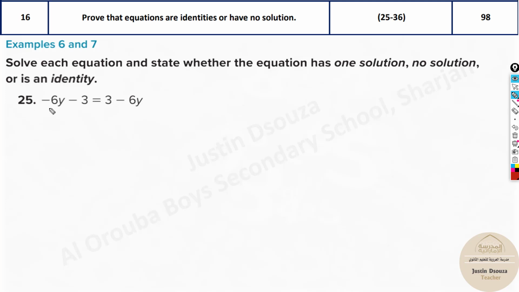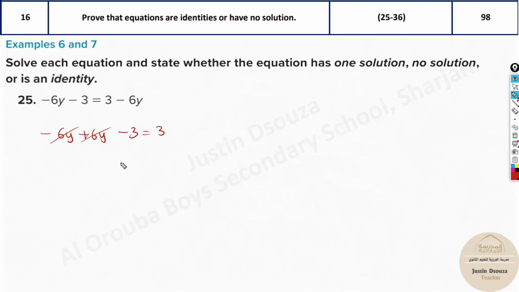Look here. What is the variable? Now here the variable is y, but the coefficient is -6 on both the sides. That means they're equal. They are on the other side of equal to. So let's take one to the other side. It becomes -6y plus 6y. Basically you're adding plus 6y on both the sides. -3 equals 3. This is taken to the other side.